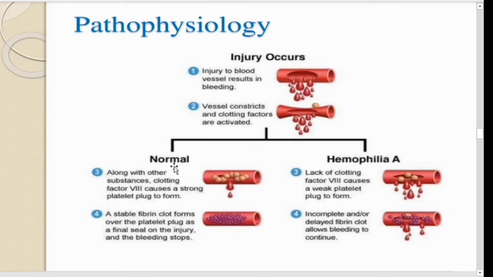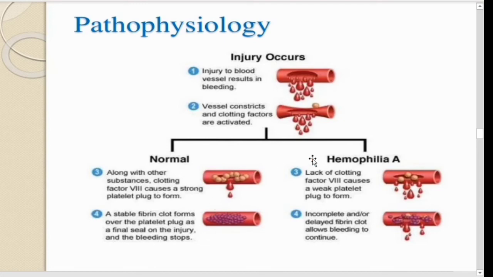And in the normal case, when the clotting factors are activated, factor 8 is also activated, and factor 8 causes a strong platelet plug to form over the wound area. After this, a stable fibrin clot will also form over the platelet plug, and it will act as a final seal over the injured area, and thus bleeding will stop.